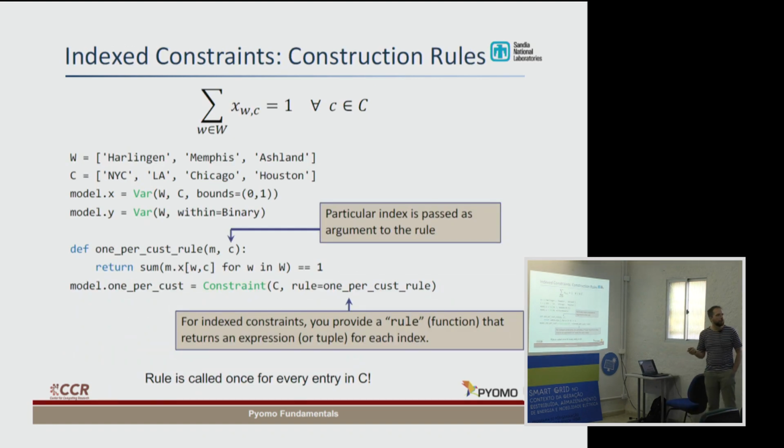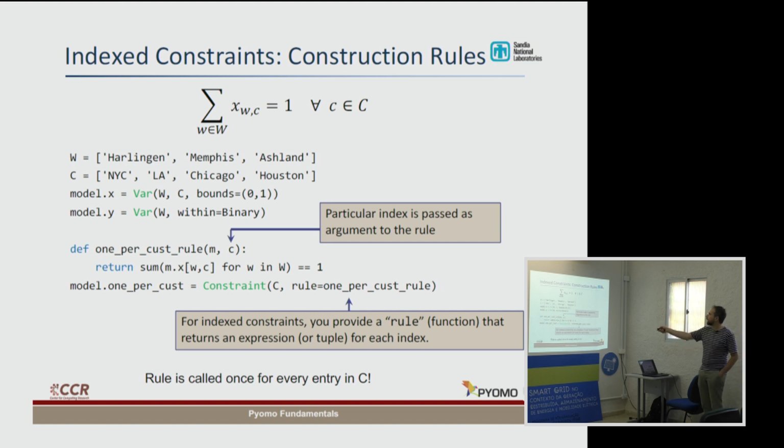It is possible in Python to create constraints over indexes really easily. Here, for instance, I create a function. In the arguments, I have M, which is my model, and C, which is the index of the customer.